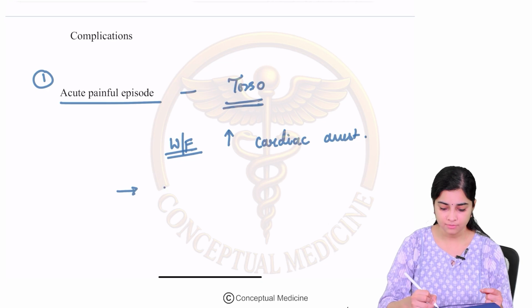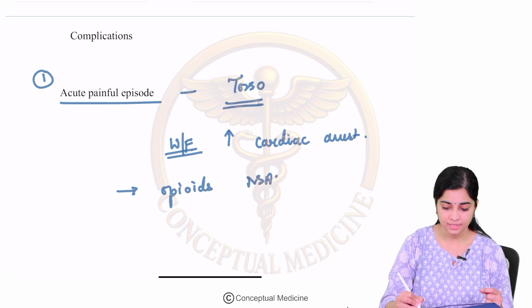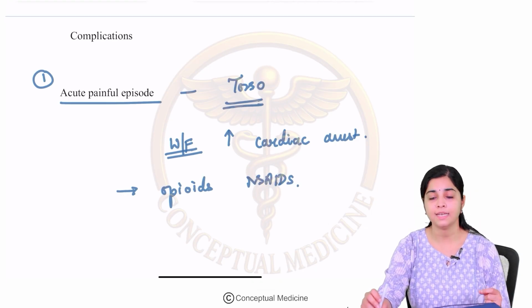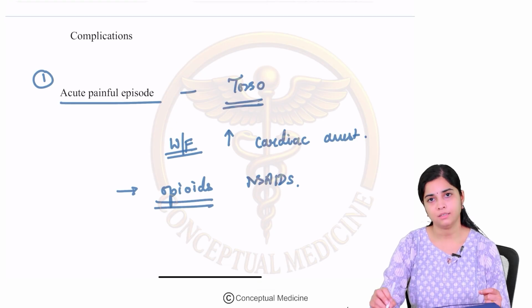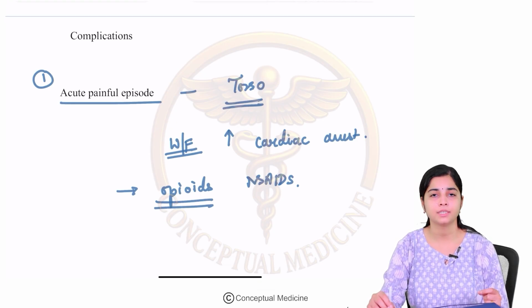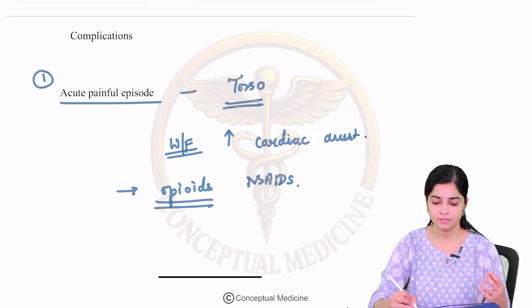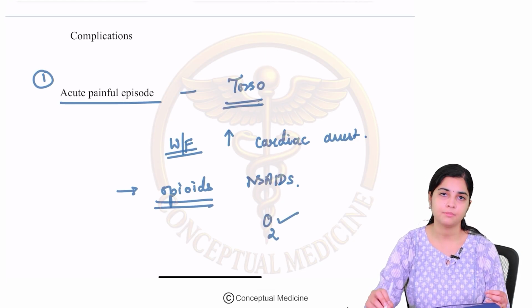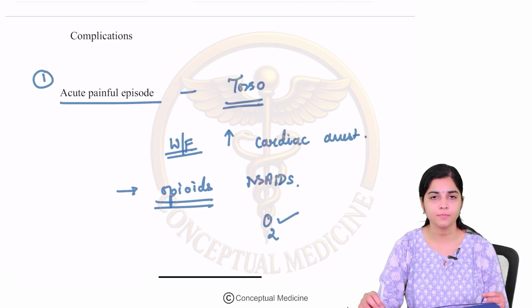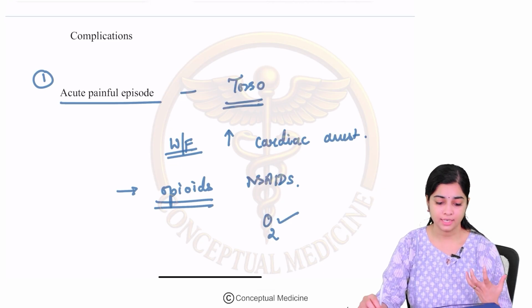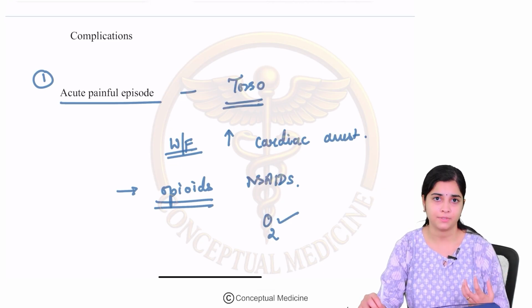These painful episodes usually require IV opioids. NSAIDs can be tried, but most often they are not responsive to paracetamol and NSAIDs, and IV opioids are required. And always monitor them well for any desaturation. If there is evidence of hypoxia or desaturation, then oxygen supplementation may also be required. Okay, so this is one of the clinical presentations with which they can present, an acute painful episode.